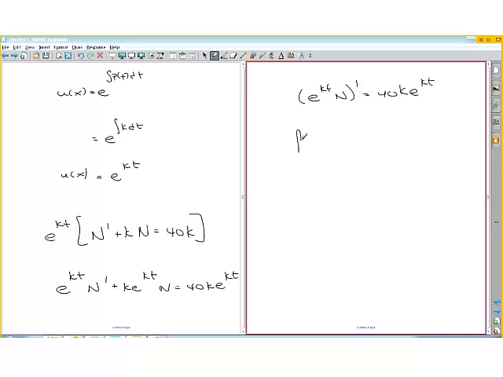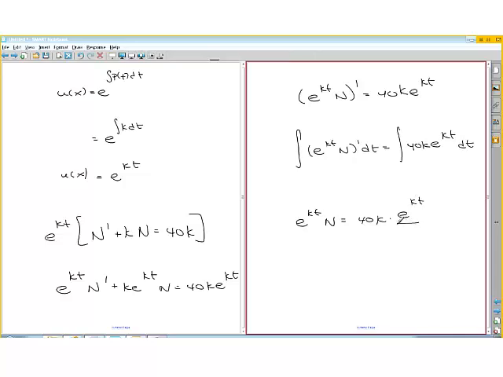We integrate, multiply by dt. The left-hand side just becomes e to the kt times N. The right-hand side, 40 is a constant, k is a constant. So then we have the integral of e to the kt, which is e to the kt divided by k.